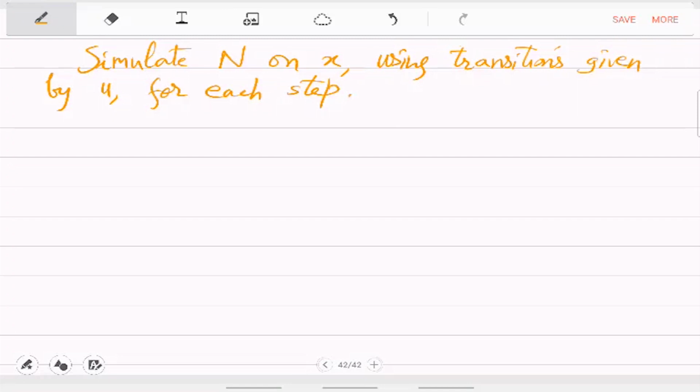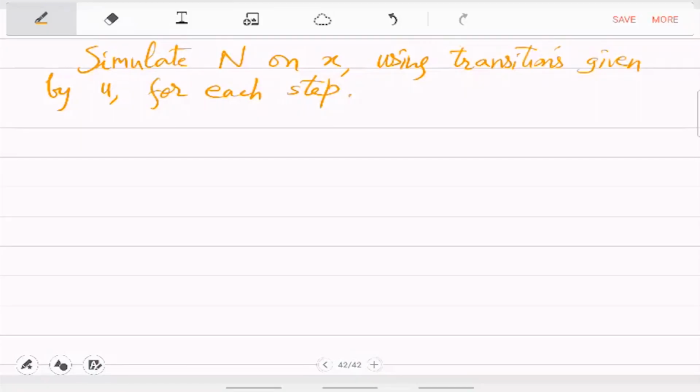Those choices will be given by U, and so that makes it a deterministic Turing machine. It is fast, and if there is a certificate U for which N can accept, then it will accept. So this means that L is in fact in NP.